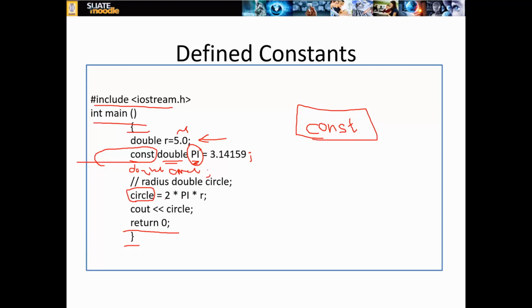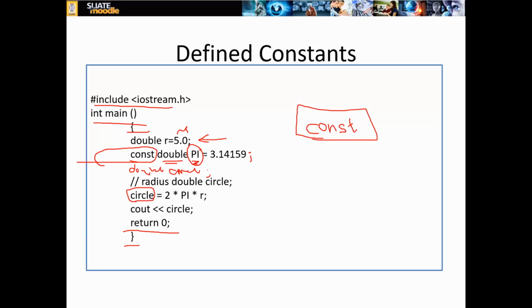That means, if we talk about the area of a circle, we know it is 2 pi r. Therefore, to calculate this, we are going to use this equation, circle = 2 * pi * r, right?